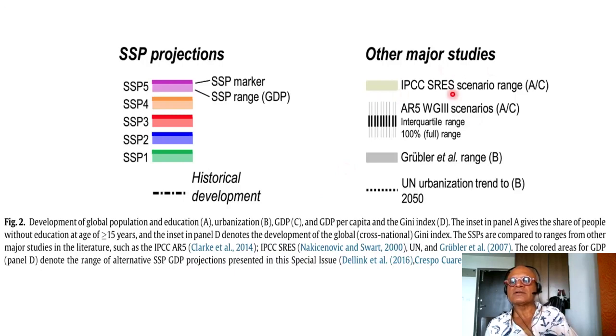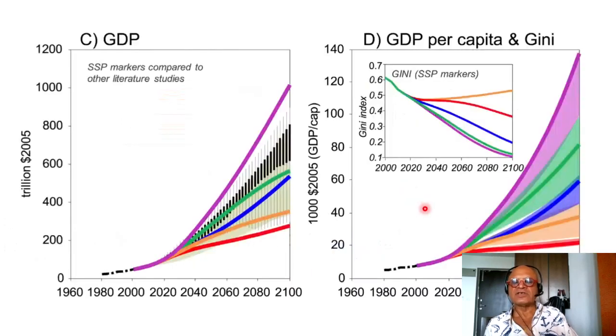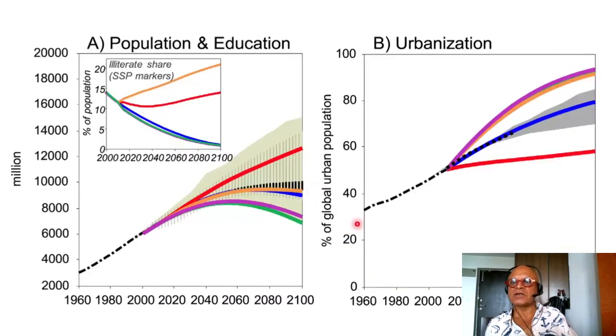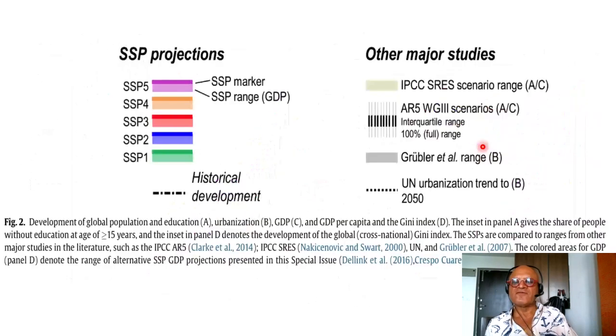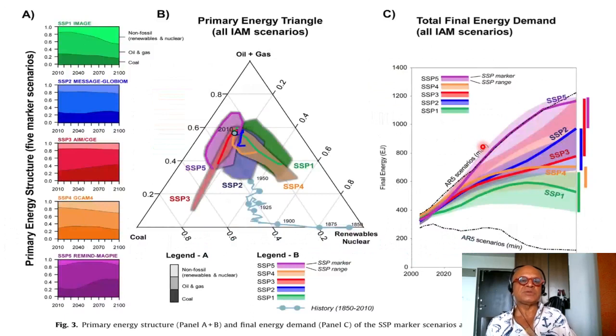We looked at IPCC SRES scenarios before, AR5 working group 3 scenarios, interquartile range and with the full range, Gruber et al. range, UN urbanization trend to 2050. So you can see there are different projections that we looked at here from different sources. Okay, so there's a mix and match.